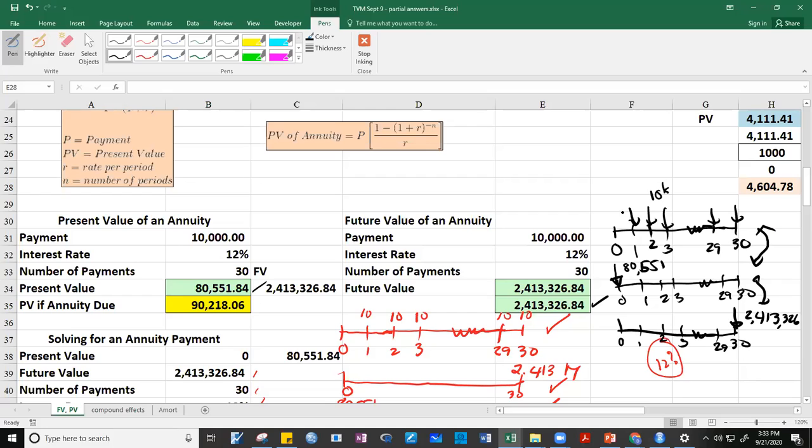So this is 10,000 for the next 30 years. It's the same as 80,551 now or 2.4 million after 30 years. Single cash flow, annuity. So they are different ways of expressing equivalent values, assuming of course na 12% yung rate of return at saka 30 years.